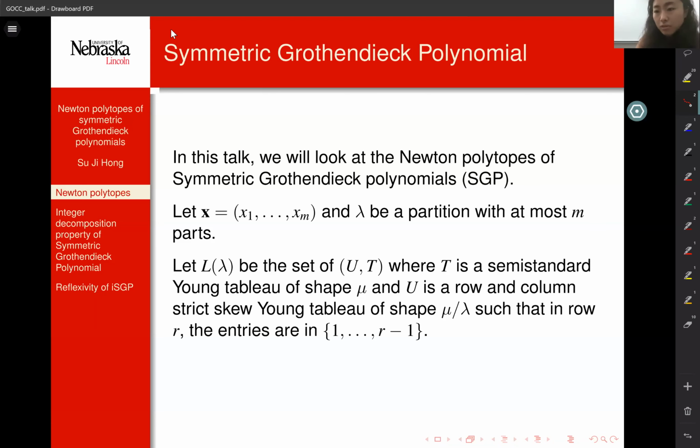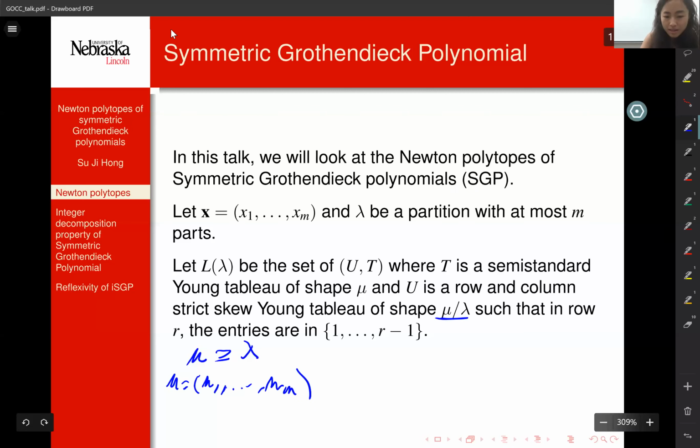A couple of things I can mention. Because of this, we need to have that mu contains lambda. In other words, if mu is denoted with mu1 through mu m, and lambda is denoted with lambda1 through lambda m, where each coordinate represents the number of boxes in row i, then we need mu i to always be greater than or equal to lambda i.